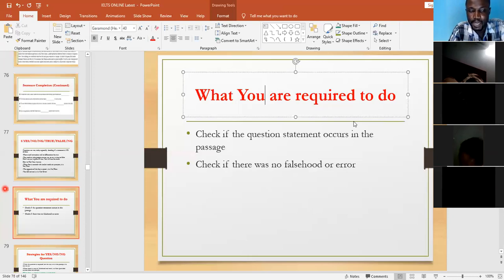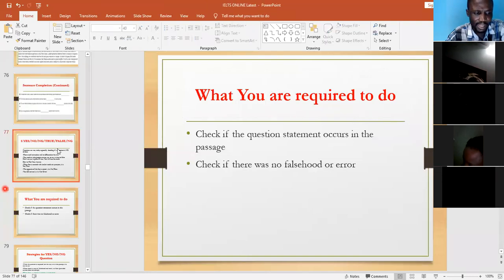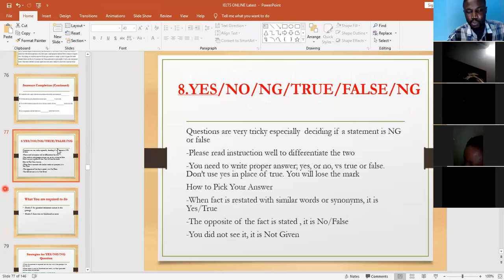Now, there is always a tendency for you to think that a statement is in the passage. So I will quickly give 3 brief highlights, though in the next lecture I'm going to break these 3 highlights into a broad category of explanation. Okay.